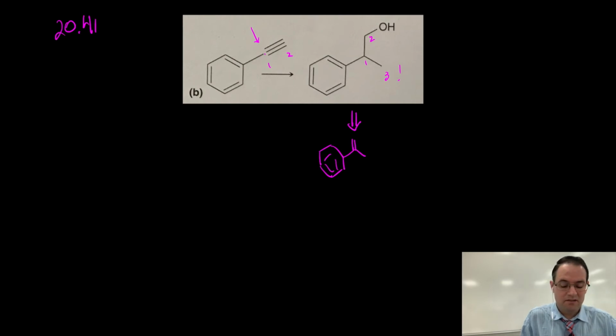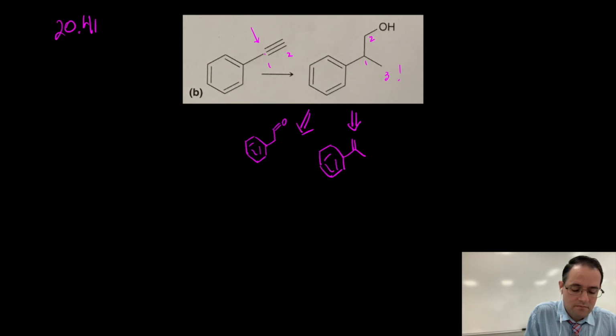But the carbons are weird, so how do I get that 3rd carbon on there? Alcohols can also come from ketones and aldehydes. So there's an aldehyde. Alcohols can also come from alkyl halides, but I don't see really much use in that.